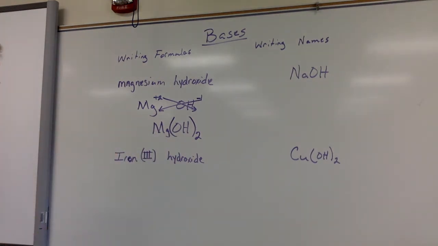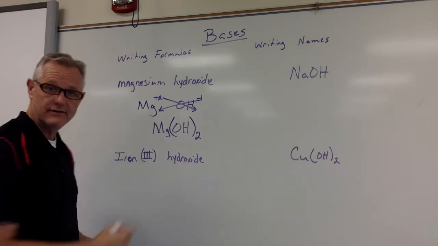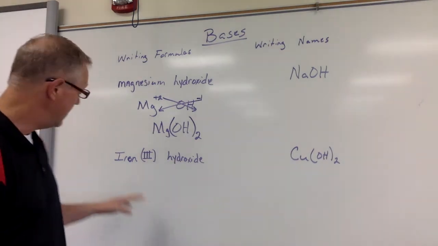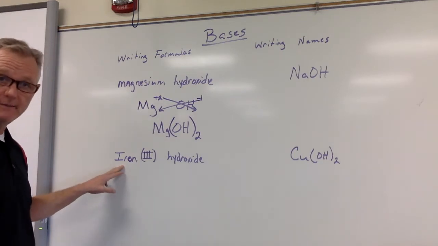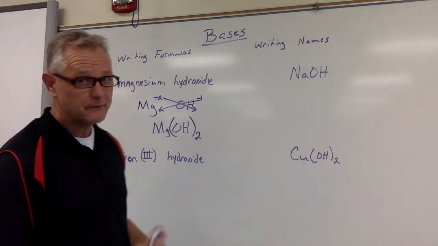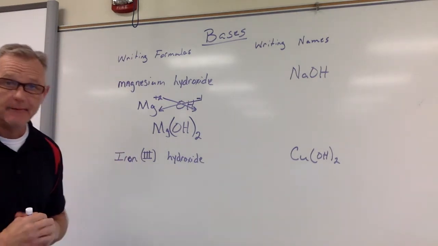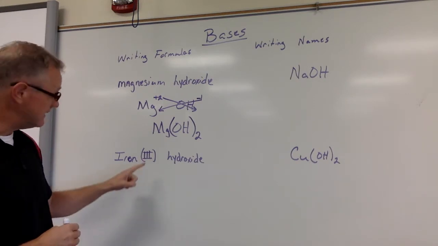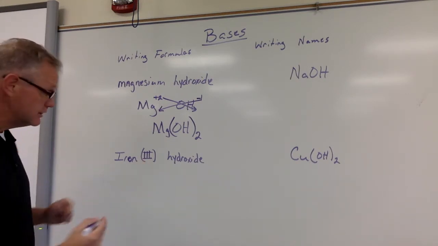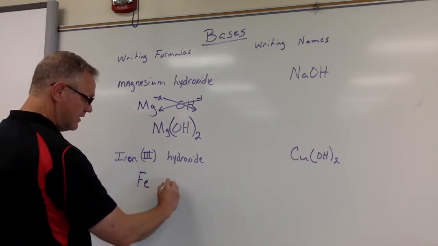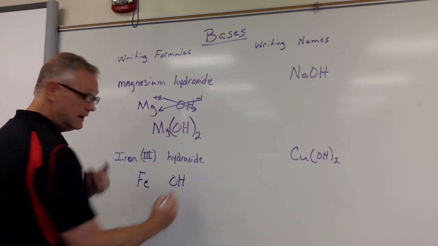I look at it. Again, it ends in hydroxide, so it is a base and a polyatomic. The first element, the metal this time, is a transition metal. What does that mean? It means that the oxidation state, or oxidation number, has to be given to you, and that's a Roman numeral. So iron is going to be Fe, hydroxide is OH.